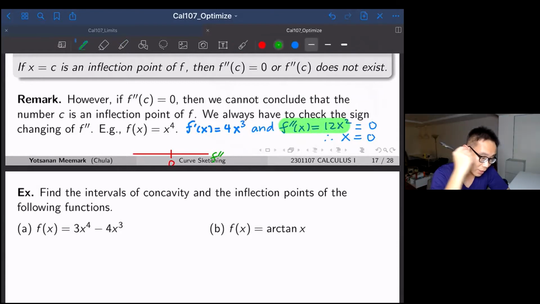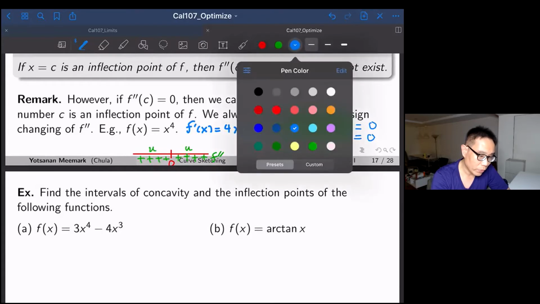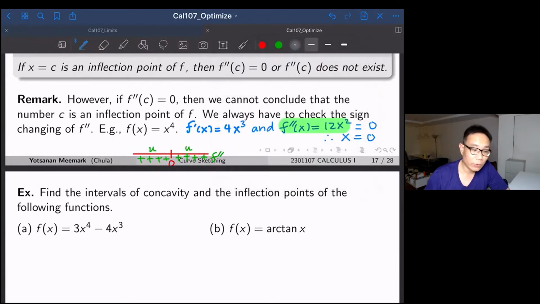So it's positive everywhere, which means it's concave up everywhere, and you're not going to get an inflection point in this case. If you know the graph of y equal to x to the fourth, it's a U shape.